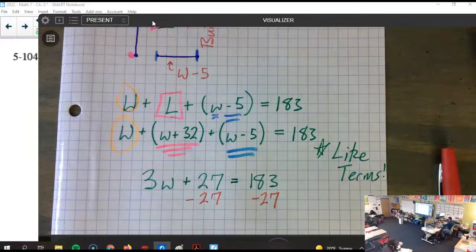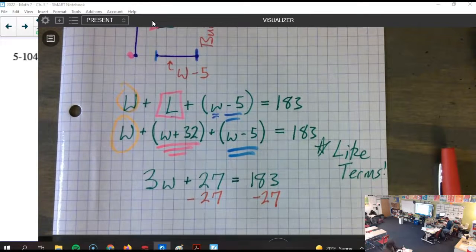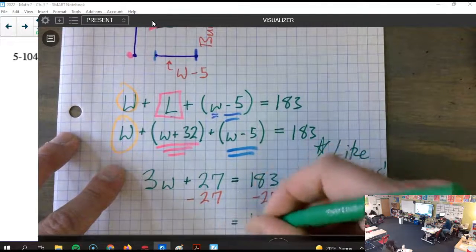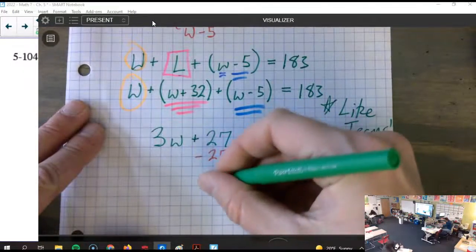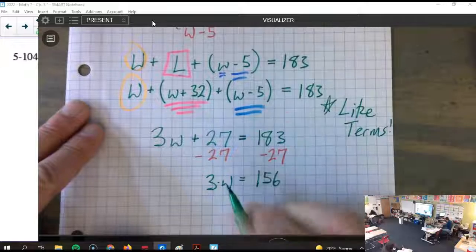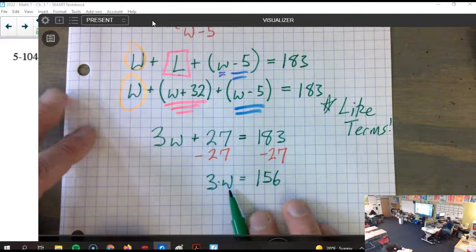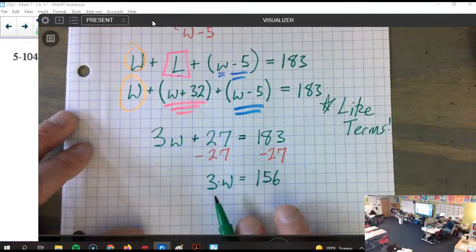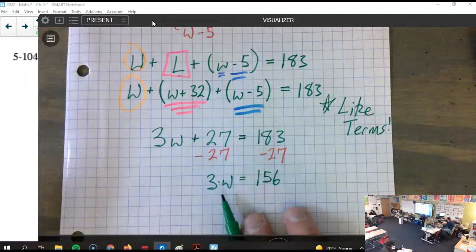And guys, we're going to use calculators to help us out with this work. I don't expect you to do this in your head. You're actually asking to make a mistake if you do this in your head. So I would always verify with a calculator. So now we can say that 3W, because that's the only thing we have left on the left-hand side, right? We got rid of that 27. 3 times W equals 156. If we don't know what to multiply by, what do? Division.